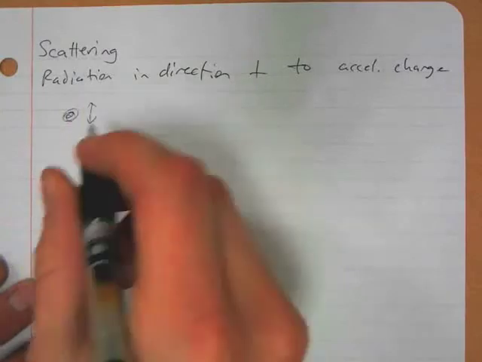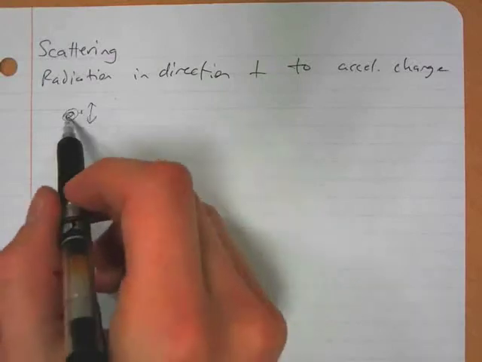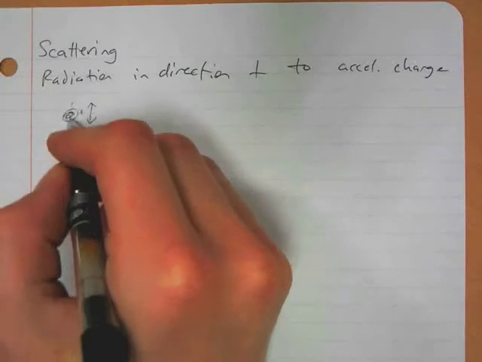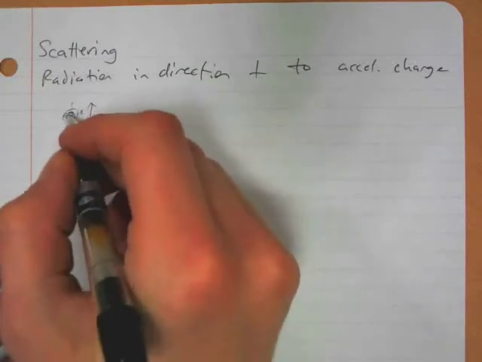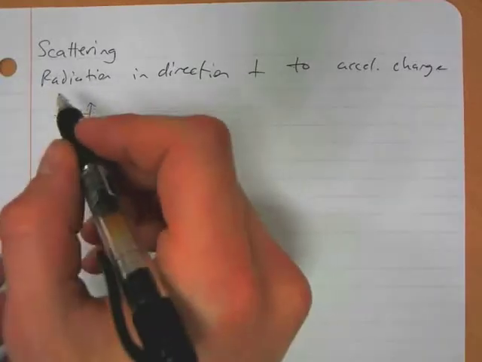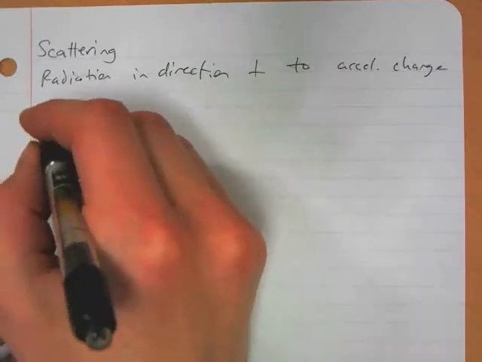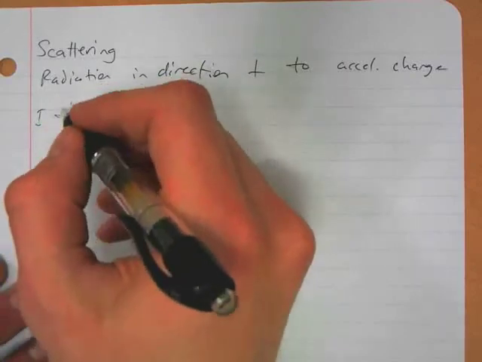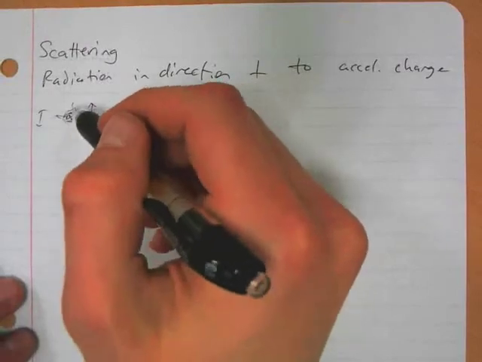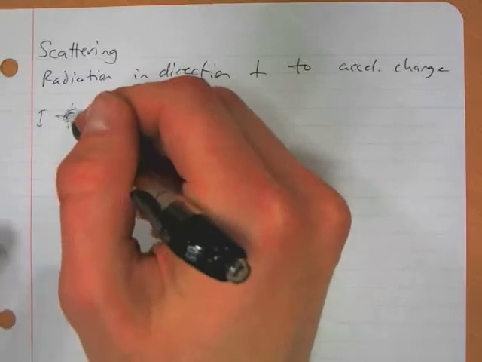with a vertically polarized beam of light. Okay, let's say this is going in this way, it's hit by this vertically polarized beam of light. That's going to cause pieces of this molecule to oscillate in the vertical direction, which means that if you're looking at it from anywhere, from the left, the right, or into the page or out of the page, you'll be able to see it radiating polarized light. It'll radiate polarized light here. It'll radiate polarized light at some point out of the page or into the page, and you'll be able to see that because these particles in the atom are oscillating in this vertical direction.